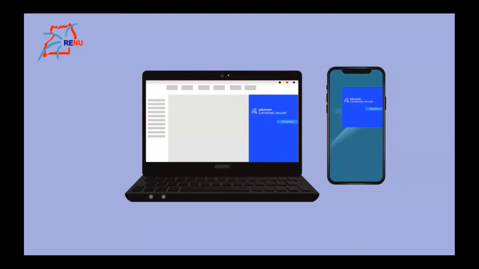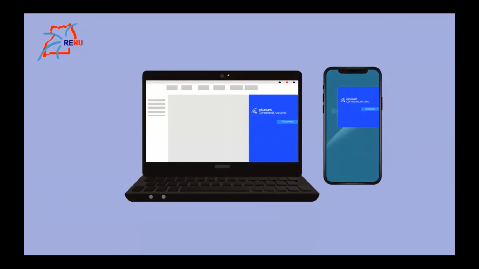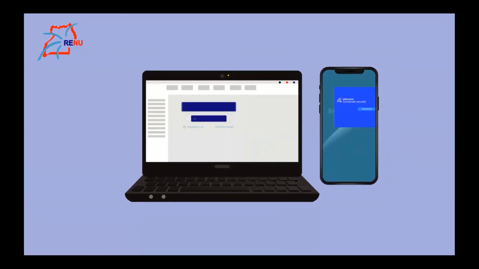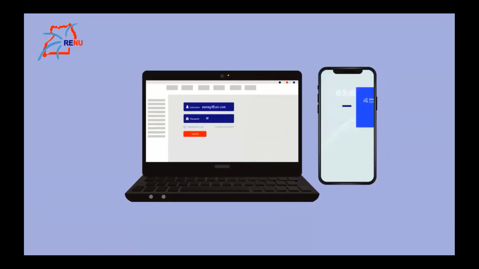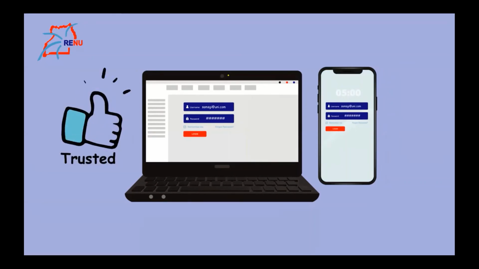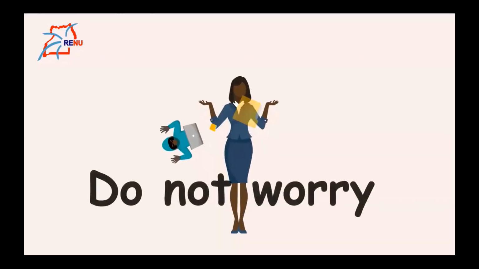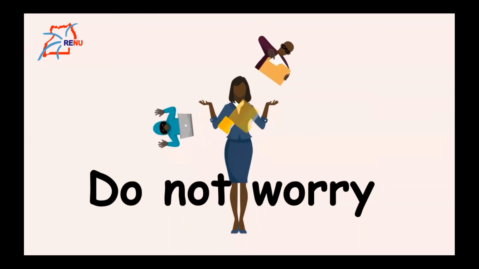Very easy, right? And this easy connectivity is achieved using the email address that your institution assigned to your staff. On top of the ease to connect, Eduroam is very secure, reliable, and trusted. Once connected through Eduroam, you do not have to worry about anyone listening into your online activity.